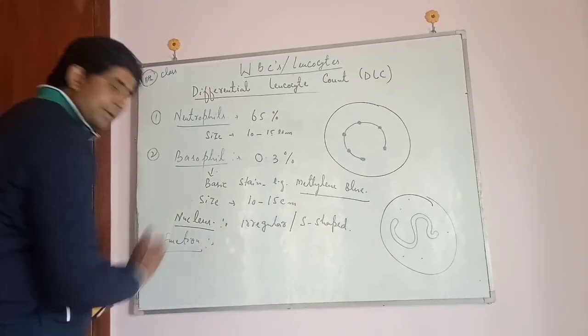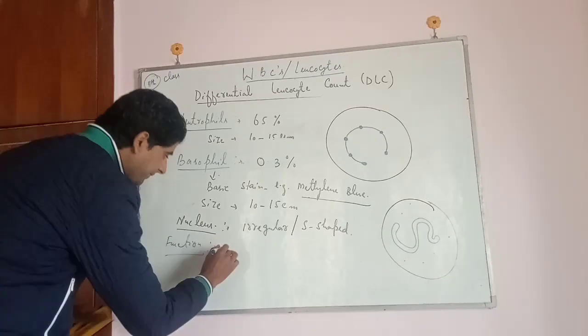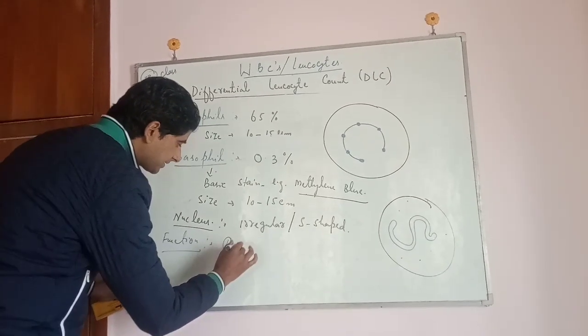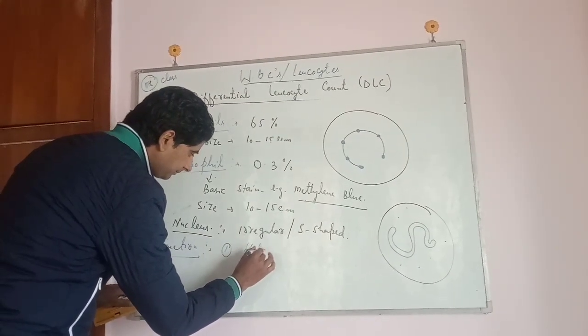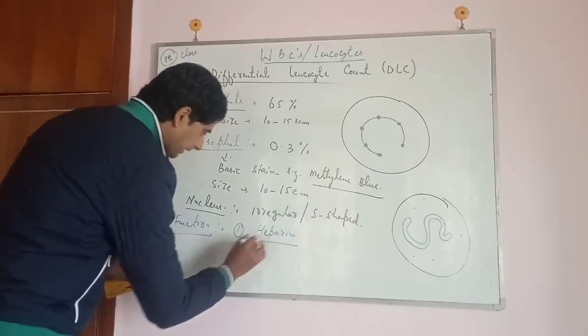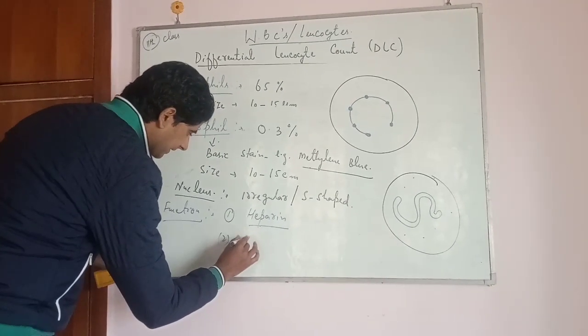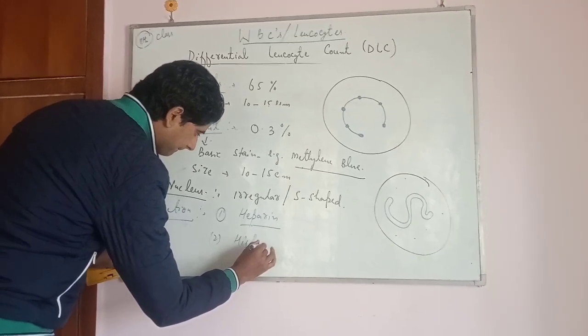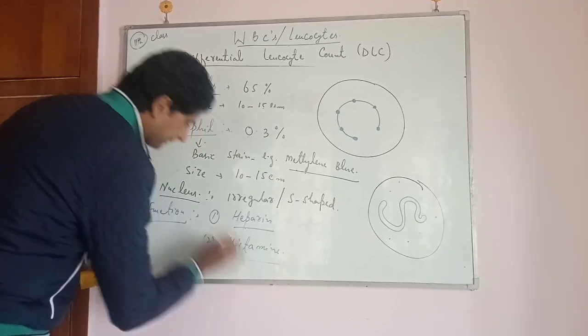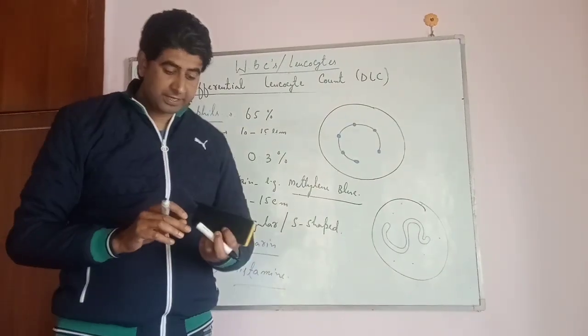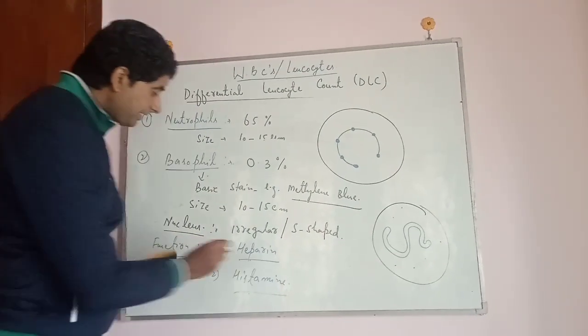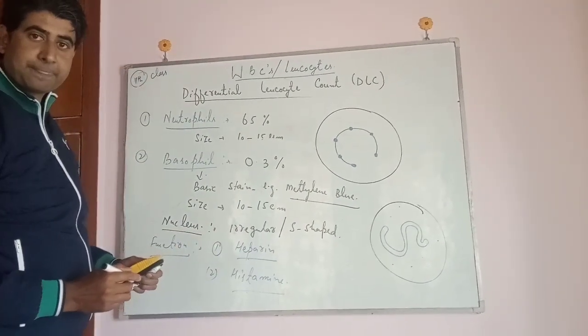These basophils secrete two chemicals. The first one is heparin, and the next is histamine. That means they secrete two chemicals, heparin as well as histamine.